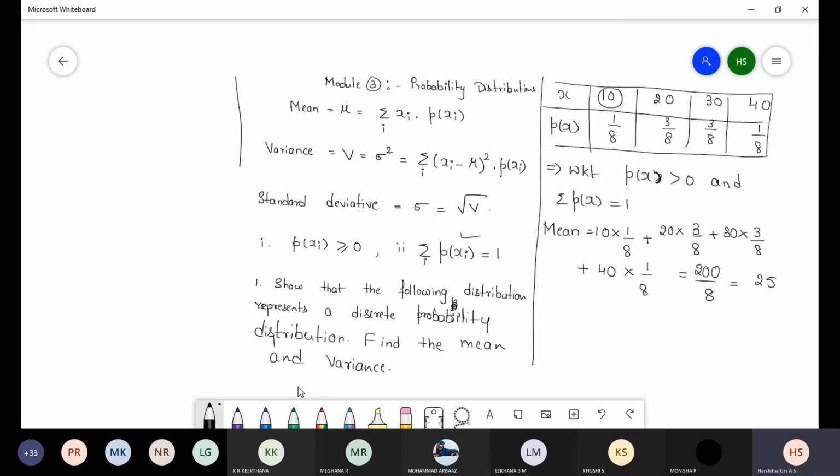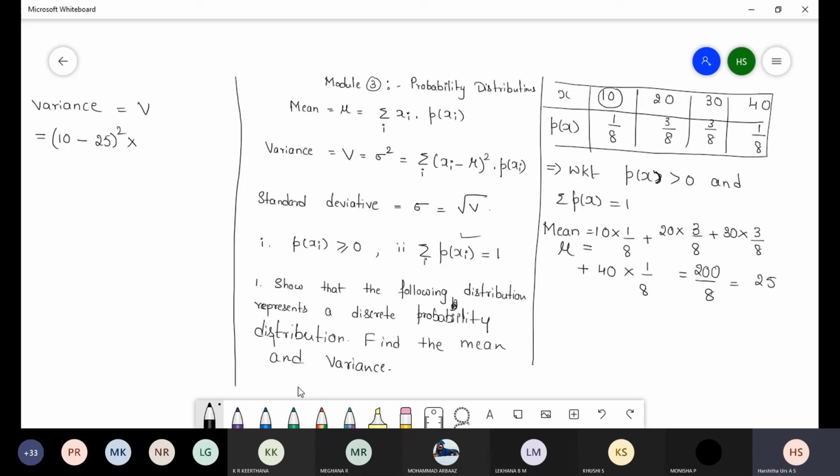Next, I will write the variance part on this side. Variance, that we will denote as V. So that is equal to, what is our first x value? 10 minus the mean, we can also take it as mu according to the formula symbol. So what is our mu value? 25.